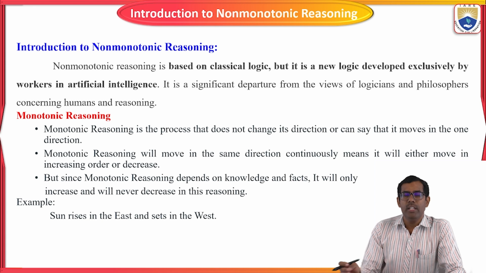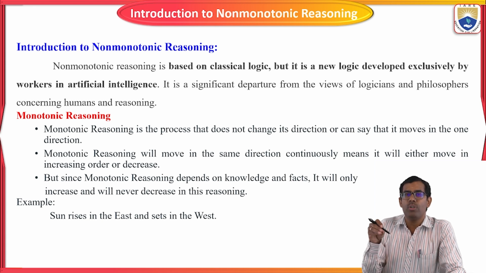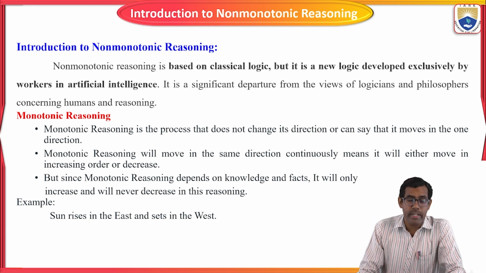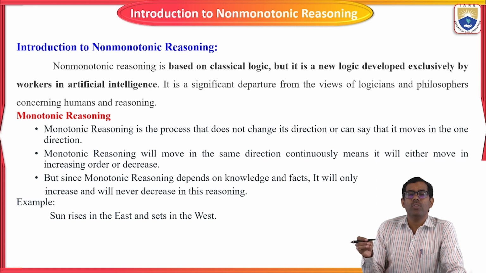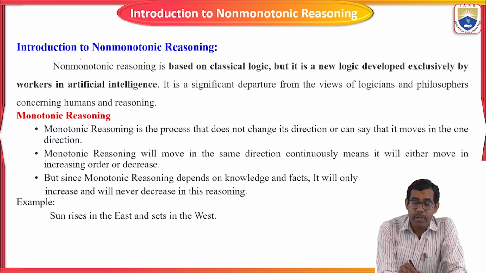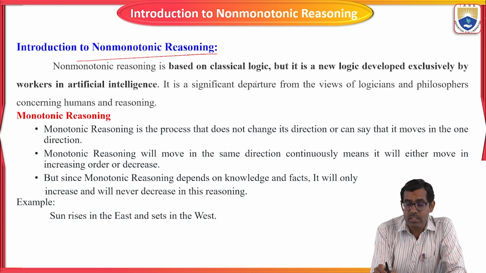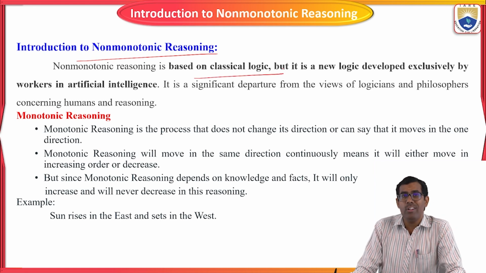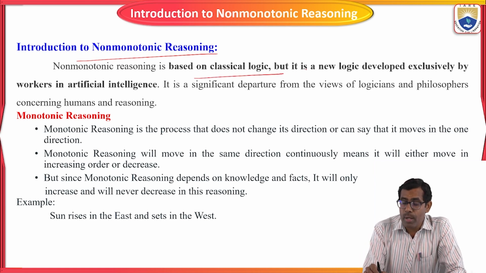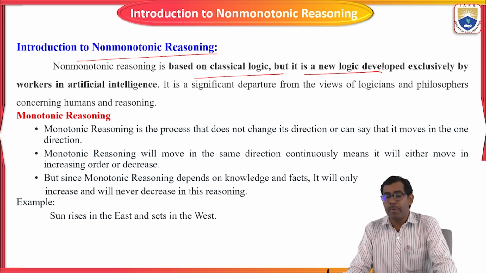So this is the introduction to non-monotonic reasoning. First we will go for monotonic reasoning, but before that we take a simple lesson on non-monotonic reasoning. Non-monotonic reasoning is based on classical logic, but it is a new logic developed exclusively by workers in artificial intelligence.